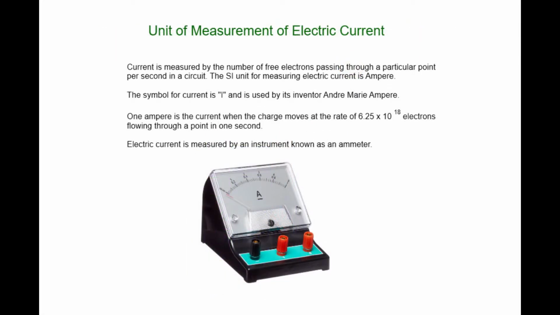The symbol for current is I, which comes from the French phrase intensité de courant, which means current intensity. It is simply referred to as current. The symbol I for current was used by Henri-Marie Ampère. The unit of electric current is named after the inventor who discovered it.